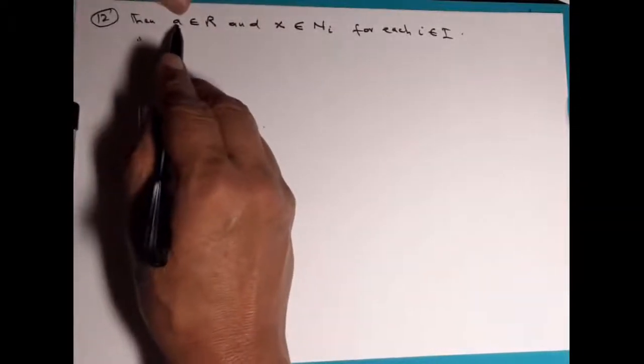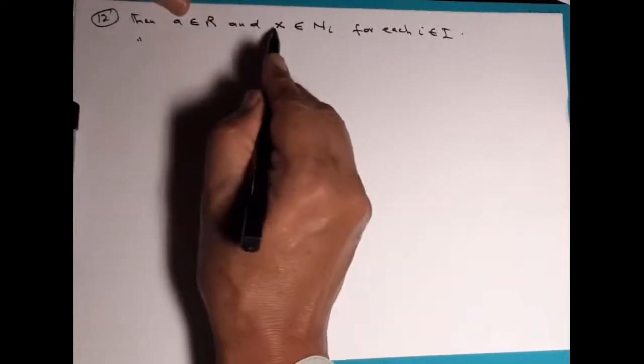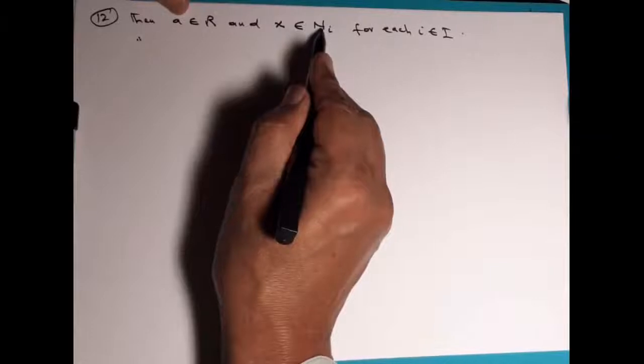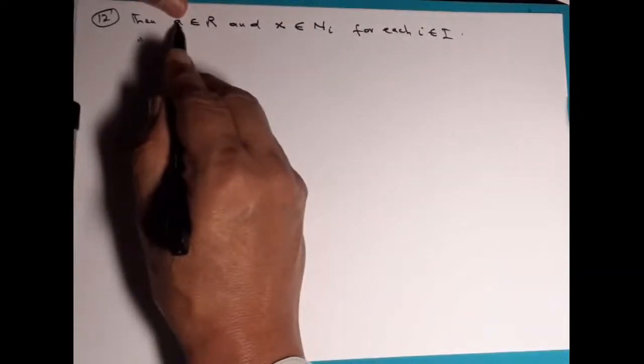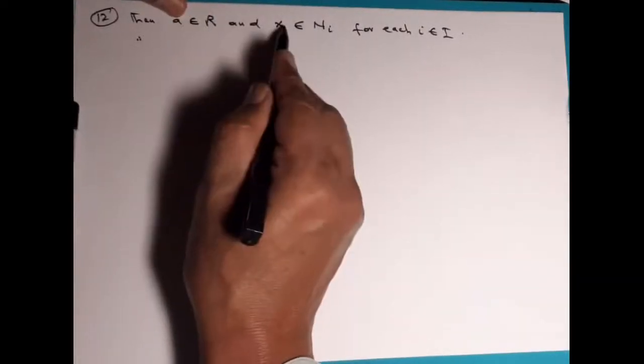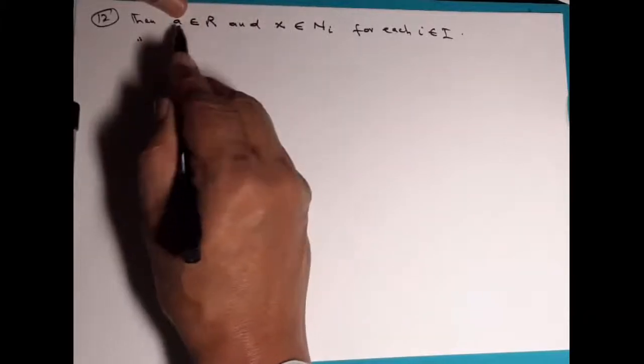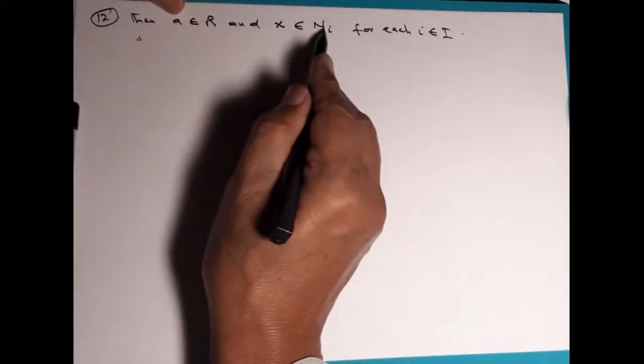And therefore a is a scalar, an element of the ring. x is an element of the module. Therefore, their external composition, or external multiplication, or scalar multiplication, will belong to the module Ni.